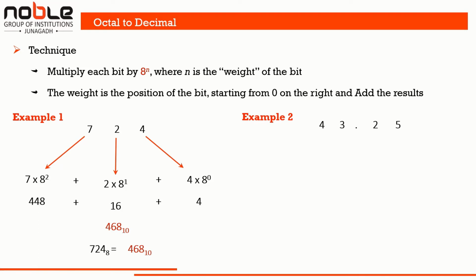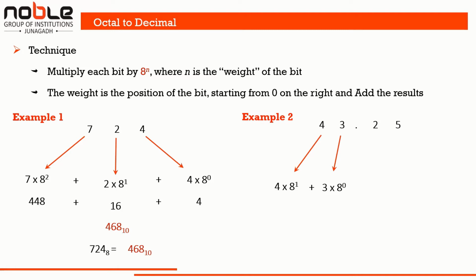Taking another example, 43.25 has to be converted from octal. Now let's take the integer part first and the fraction part second. So 3 is converted into 3 into 8 raised to 0 and 4 is converted into 4 into 8 raised to 1 and 8 is the result.